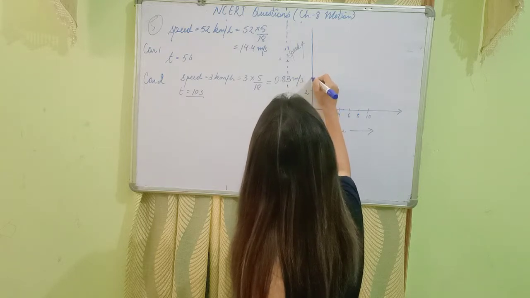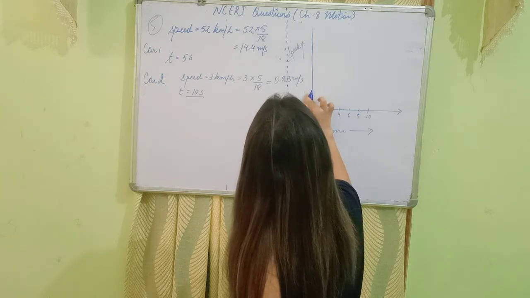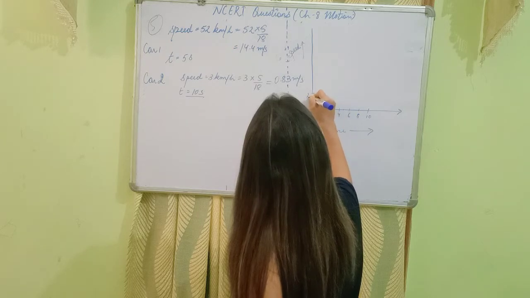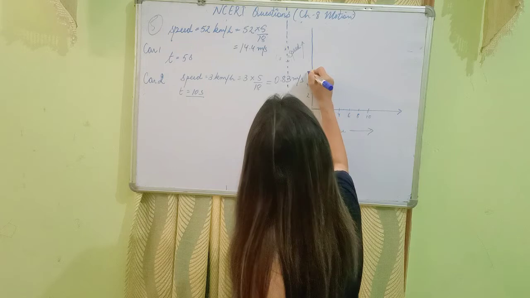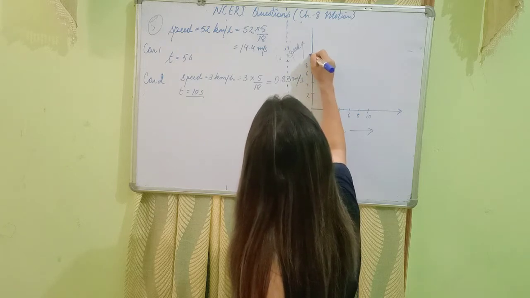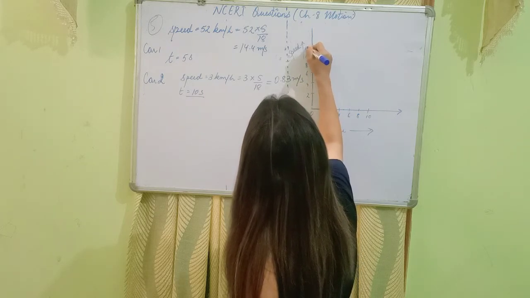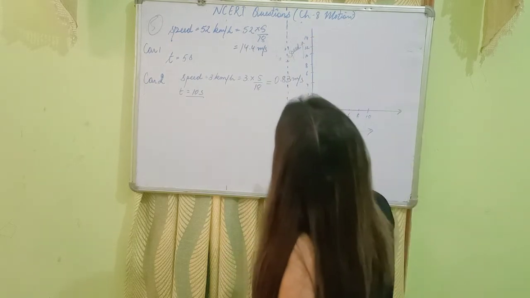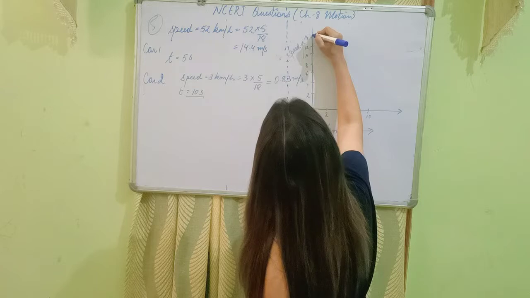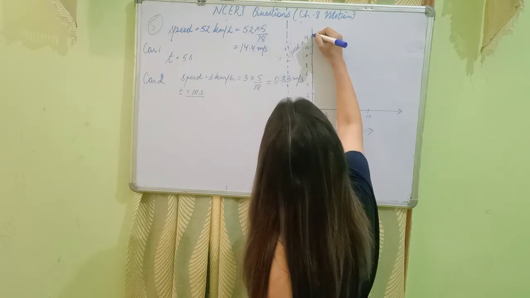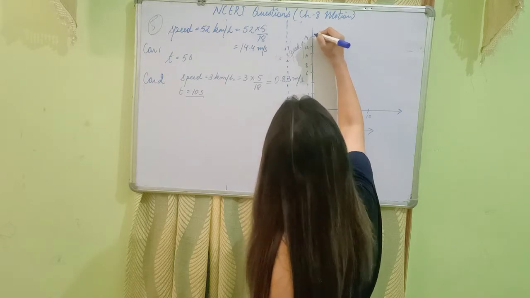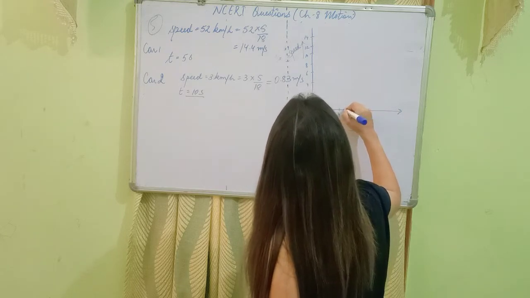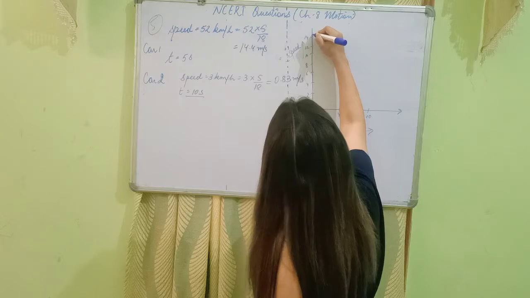Let's plot a little closer: 2, 4, 6, 8, 10, 12, 14. The speed is 14.4 somewhere here, and the time is 5 seconds. That means here we need to join.